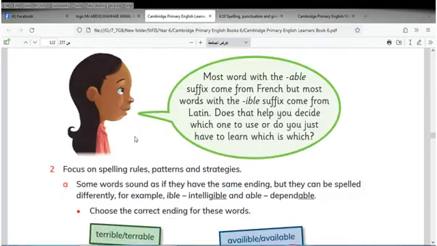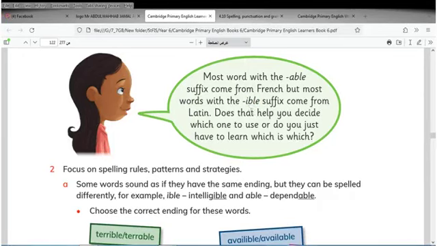Now, if we go to something related to the spelling rules. The tip says most words with ABLE are considered to be of French origin, while most words with IBLE are considered to be of Latin root. So French root words have ABLE, Latin root words have IBLE.